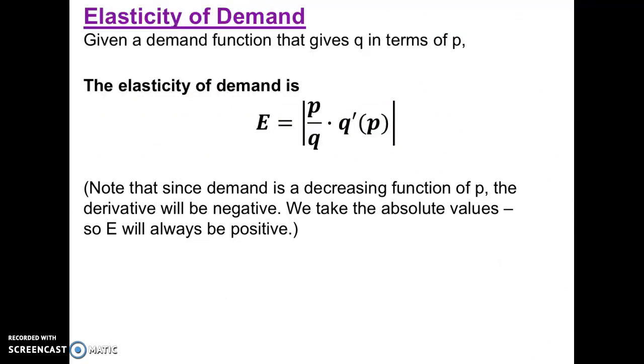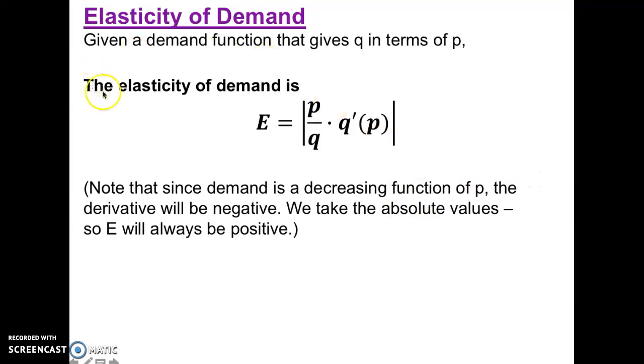So here's my elasticity of demand. Given a demand function that gives Q in terms of P, the elasticity of demand is defined by the absolute value of P over Q times the derivative of Q with respect to P. So I want to just look at this formula for a few minutes. You might have already seen it in other business courses, but let's look at it as far as the math is concerned here.